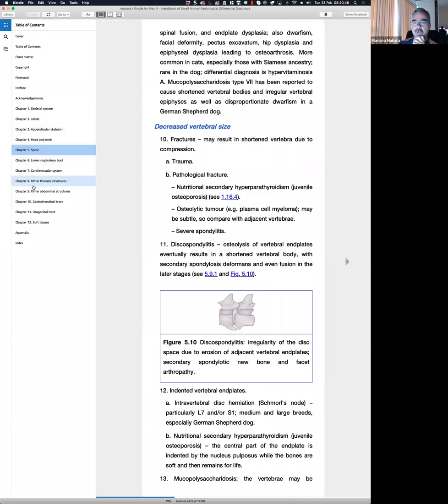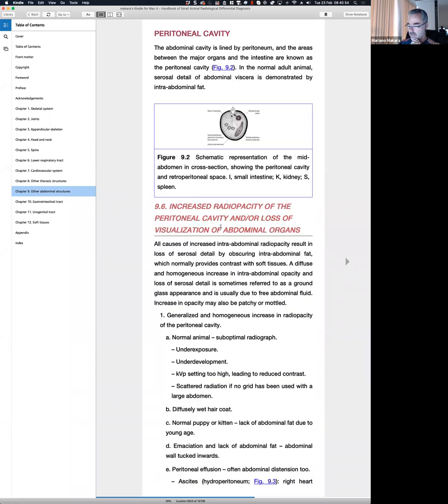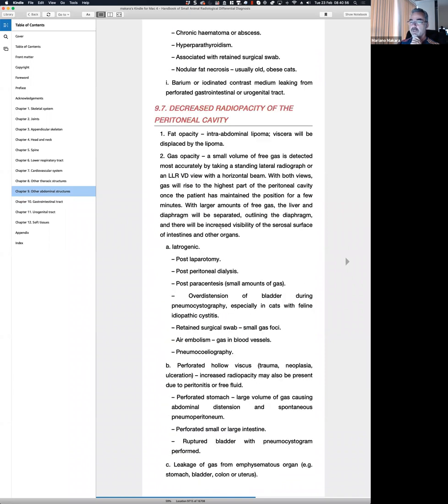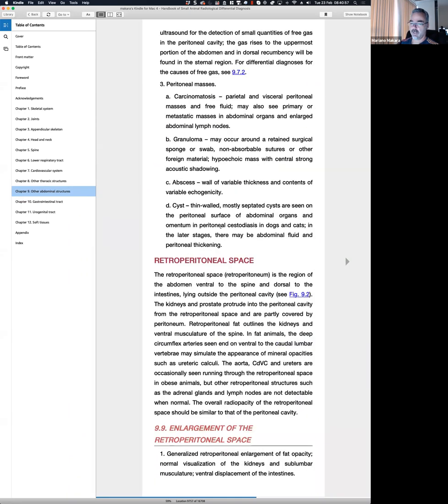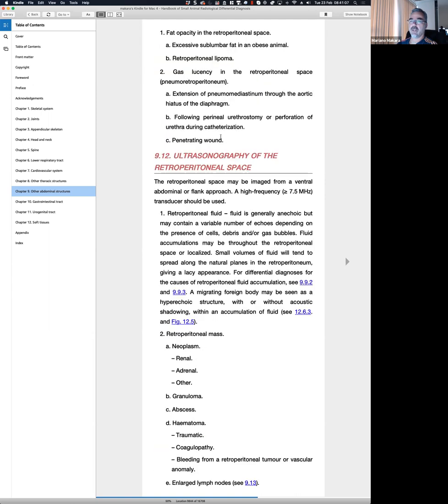And I think there are general comments about abdominal structures, peritoneal cavity. I think it's here, where they just talk about mass effect and they have nice drawings. See here. So if the mass is coming from the kidneys, what displacement do you expect, and so on.